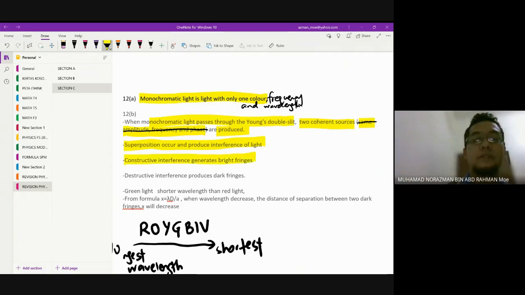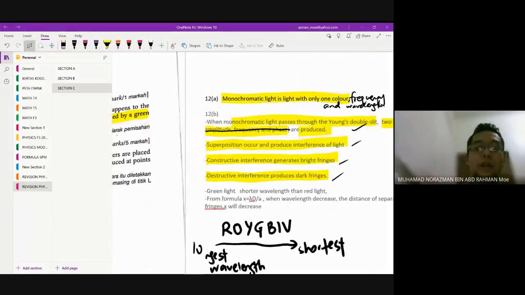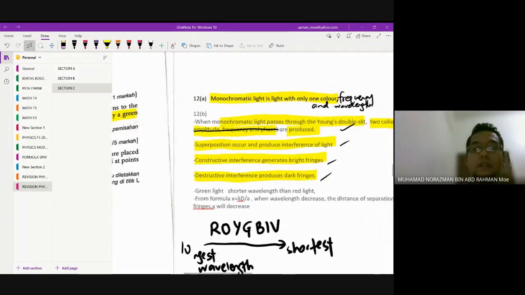Constructive interference produces bright fringes. Destructive interference produces dark fringes. So this is also 1, 2, 3, 4, 4 marks we can get. That is all. Basically, we explain how bright fringes and dark fringes are produced.